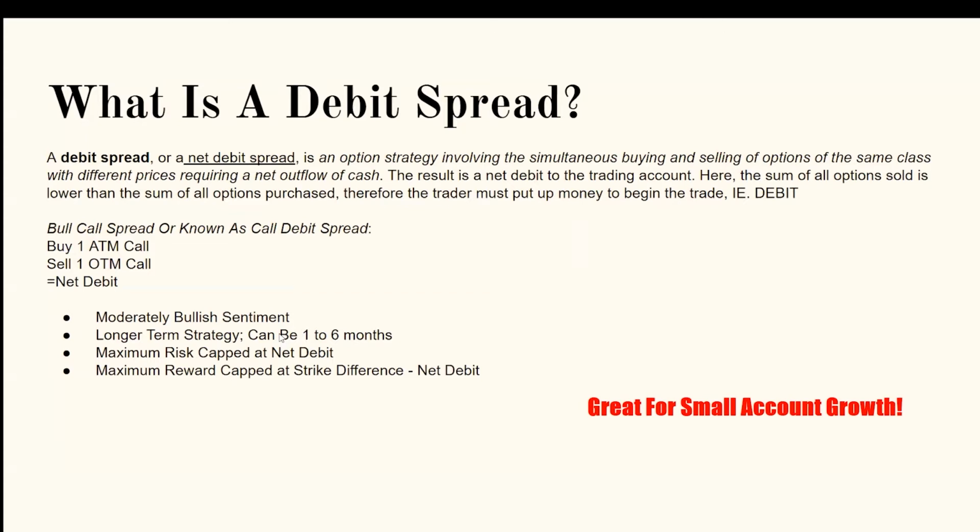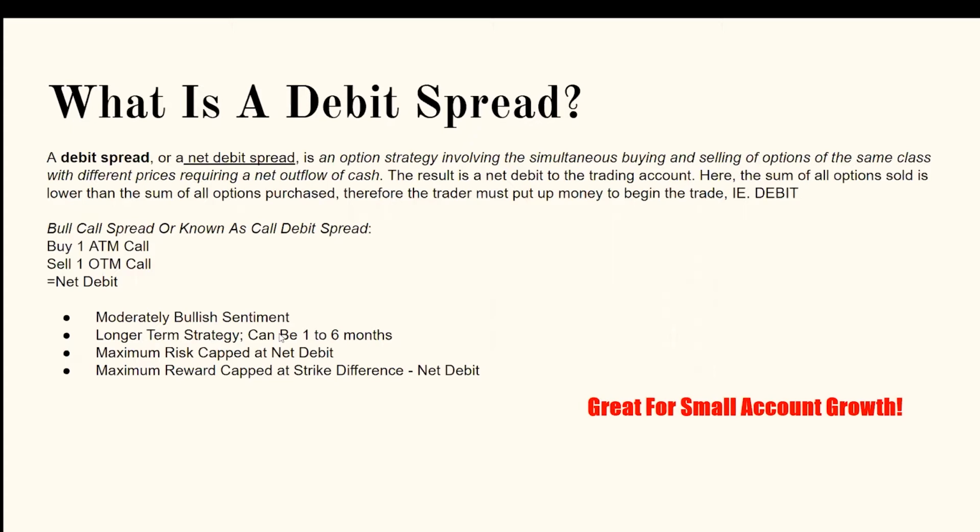They're really great for small account growth. Let me give an example. Let's say for XYZ stock, a naked trade for an option call is $500. I can do the exact same spread for probably about $200. So I can still play medium cap stocks while structuring with debit spreads.